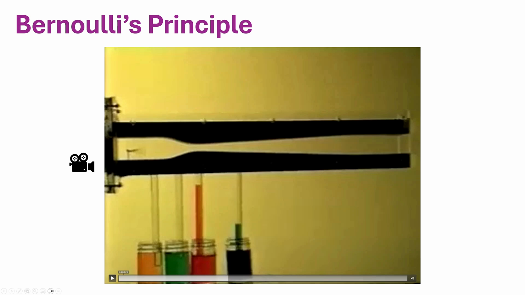So as pressure decreases here, the pressure inside this pipe will be less than the atmospheric pressure. So the atmosphere pushes up this fluid through this pipe here. And the same happens to this one. And as the blowing air stops, the fluids return to their initial position.